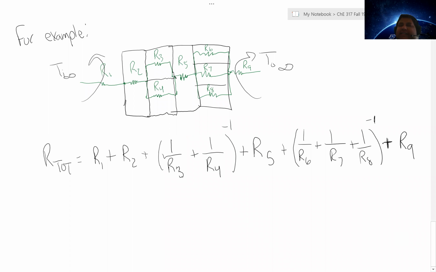And so application of this resistance model allows you to break down each material by its thermal resistance and consider how each material's individual thermal resistance contributes to the whole system.